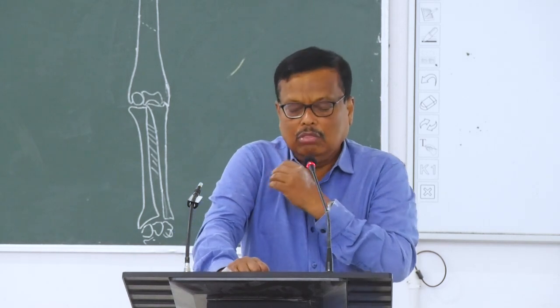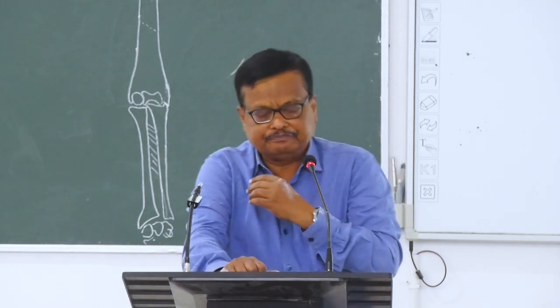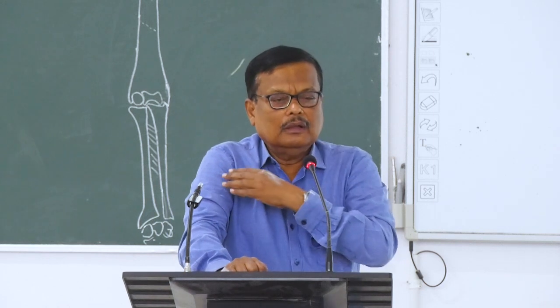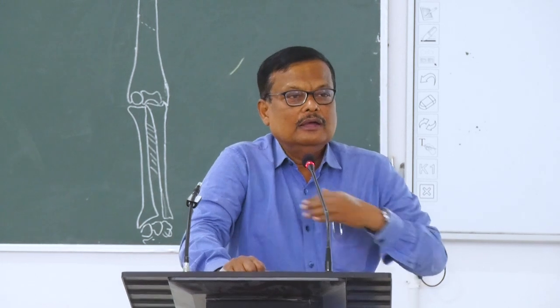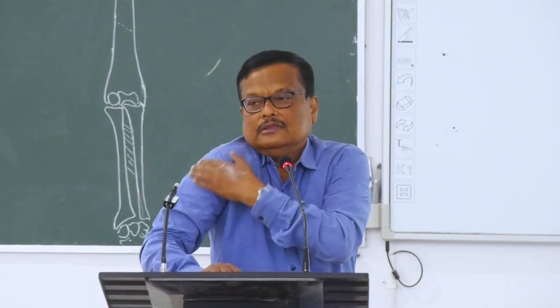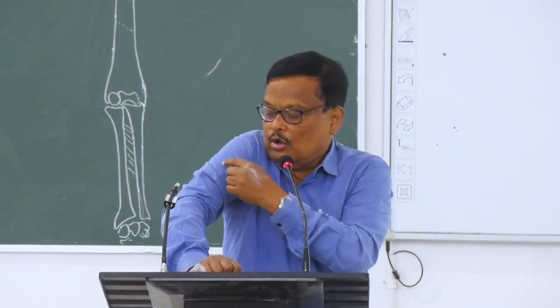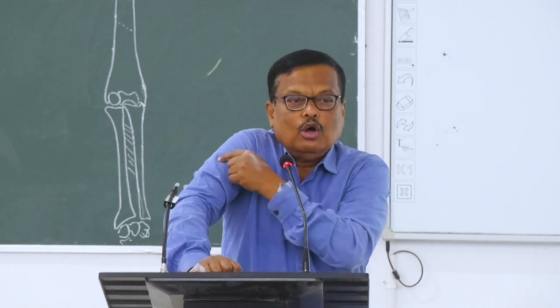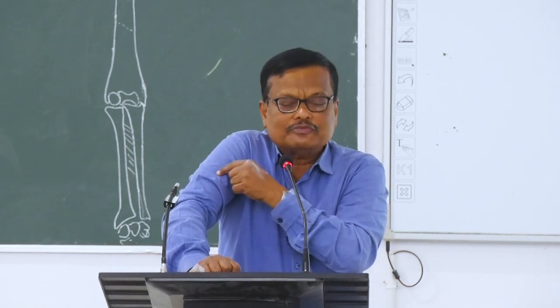The rounded contour of the shoulder, which occurs due to the presence of the deltoid, is no longer there. This is flattened, and also there is a loss of sensation.